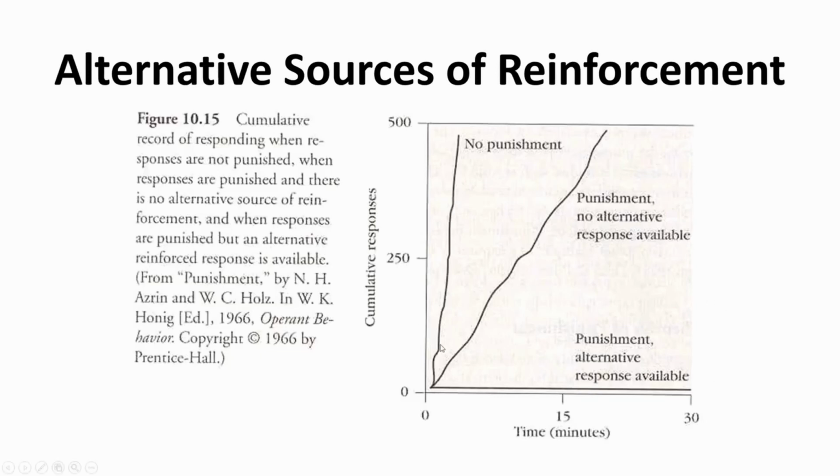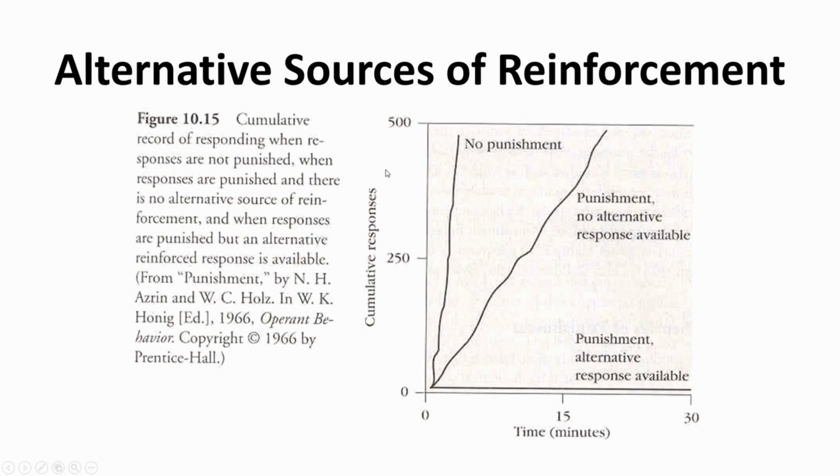So this graph is just an example of what we might expect to see for behavioral data if we had no punishment, punishment with no alternative response available, and punishment with an alternative response available.